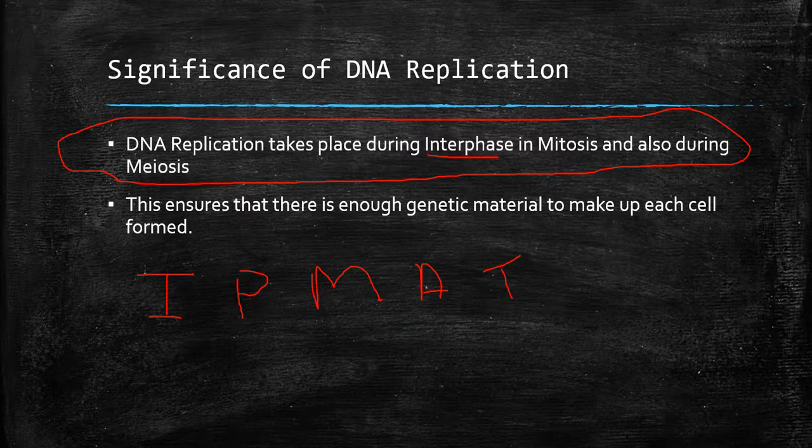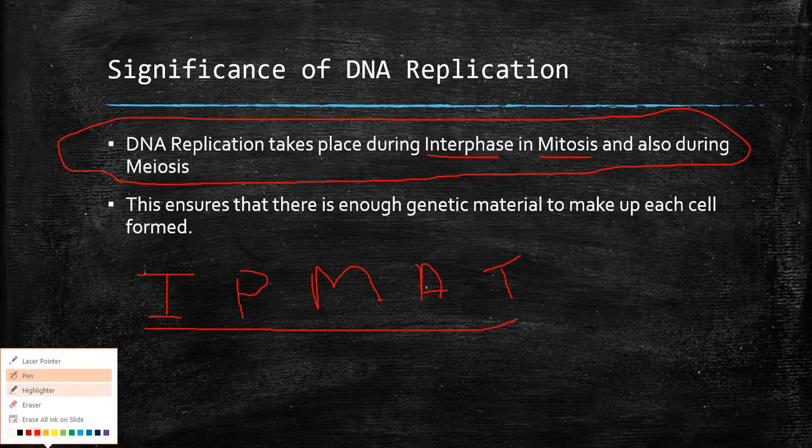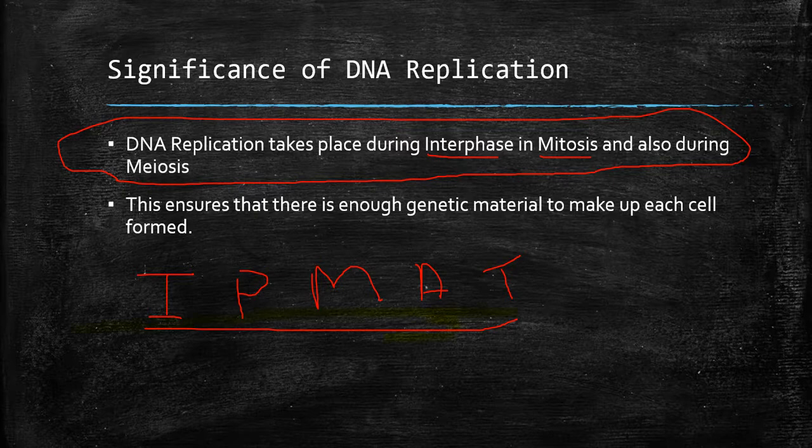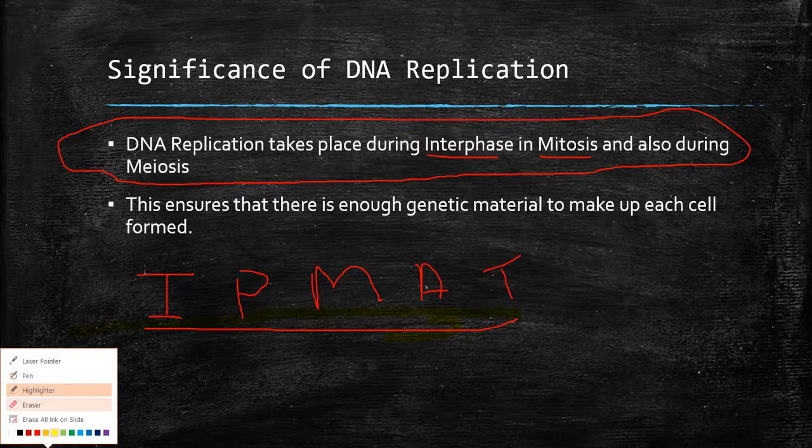Interphase is where DNA replication takes place. If you were in grade 10 or 11, you would remember this. You will not be assessed on the processes of mitosis, but you will be assessed on meiosis. So I'm going to go ahead and erase these.